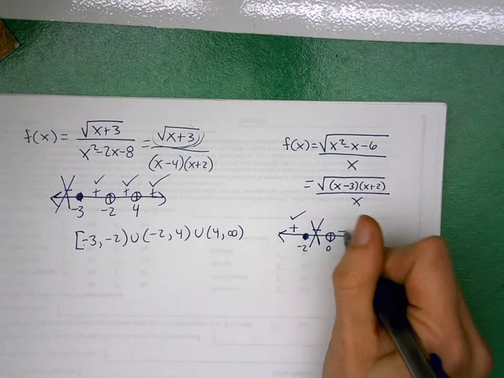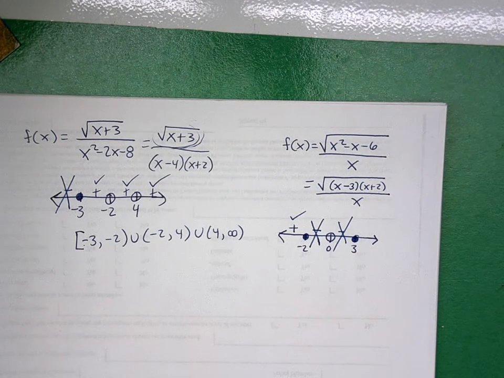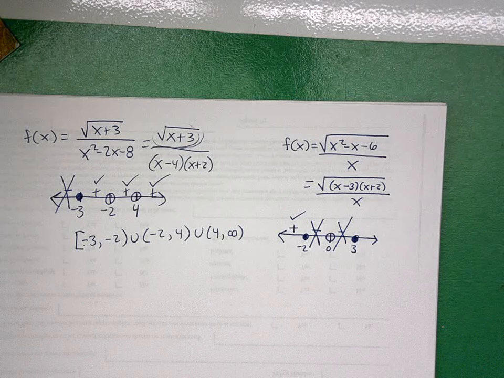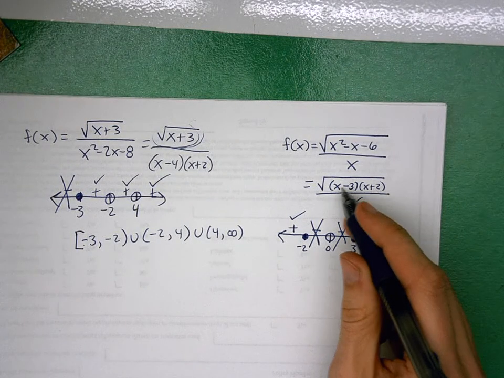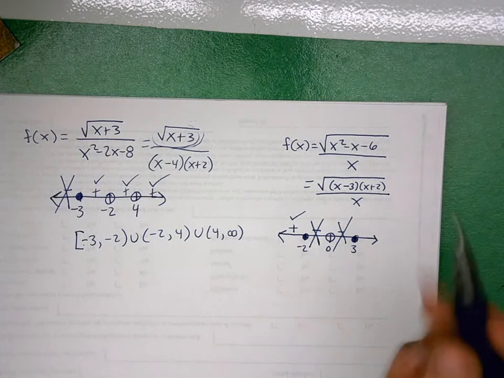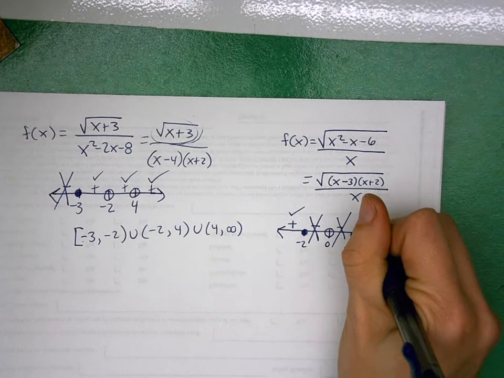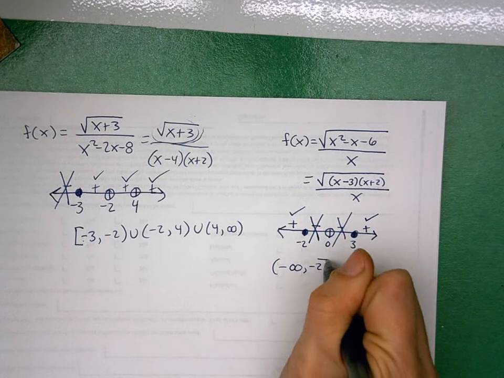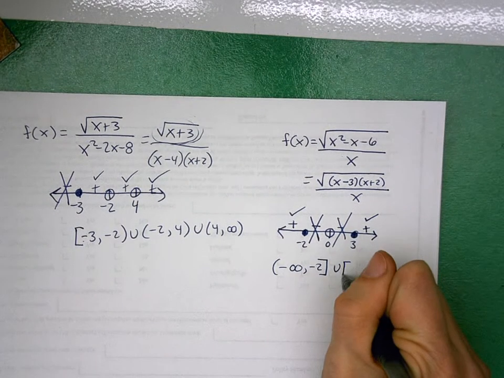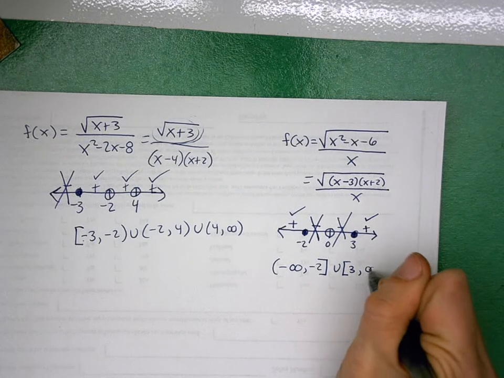Negative times a positive is a negative, and square roots can't be negative. And when I plug in, say, 5, I get a positive times a positive, which is positive. I like that region as well. And so my answer is negative infinity to negative 2, bracket on both negative 2 and 3 to infinity.